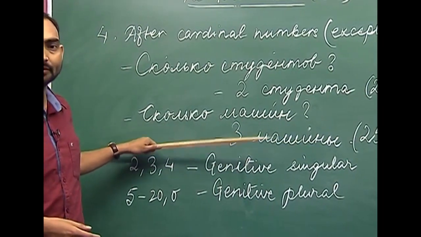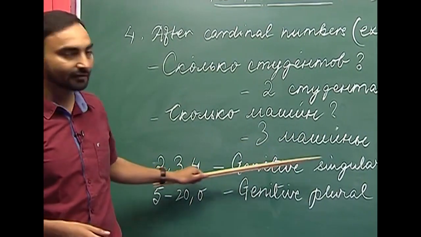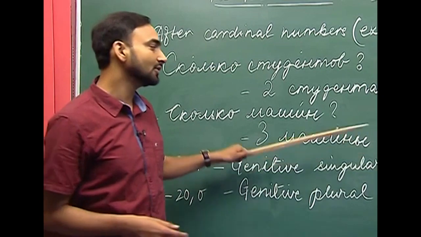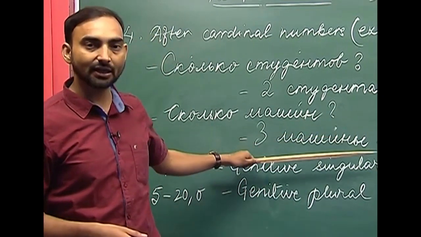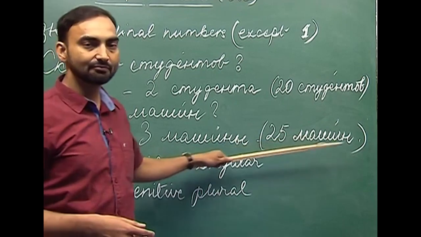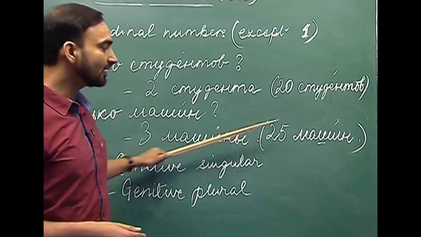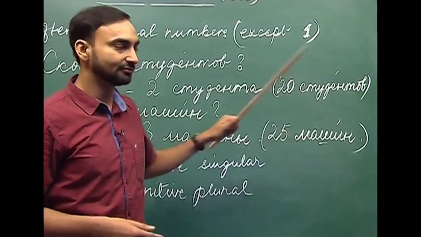Since here we have used 3, after cardinal numbers 2, 3, 4 we use the genitive singular form of the noun. So, mashina has become mashiny, tri mashiny, and if the number we use has 5 at the end, we use the genitive plural. Tri mashiny, genitive singular, dvadtsat pyat mashin.